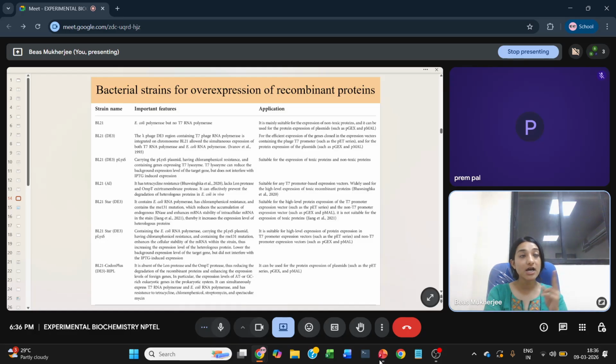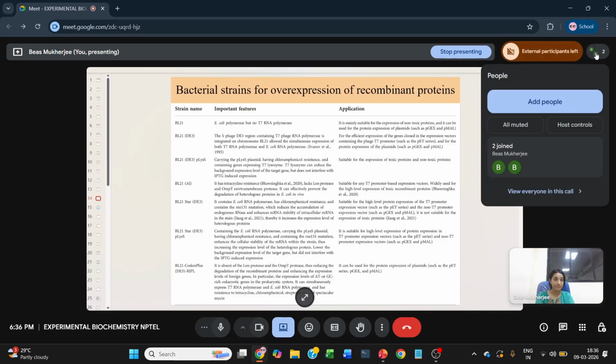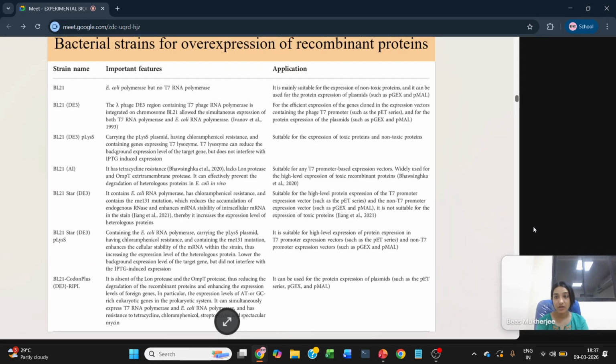So this is a protein that cleaves off T7 RNA polymerase when it is produced in very small quantities and it is produced before induction. Okay, so we will discuss this in details very soon.